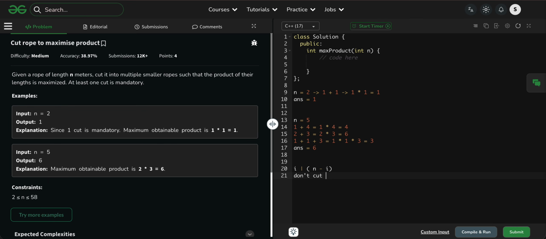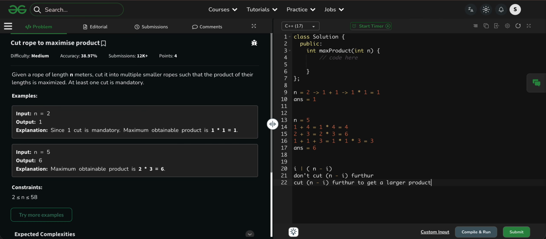So the first thing is don't cut, meaning n minus i further, and the other is cut n minus i further to get a larger product. Understood? This is a recursion problem.